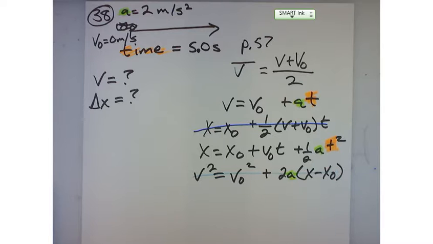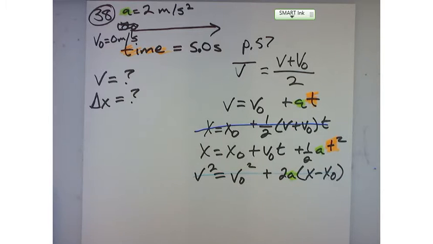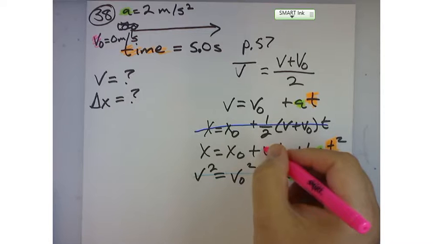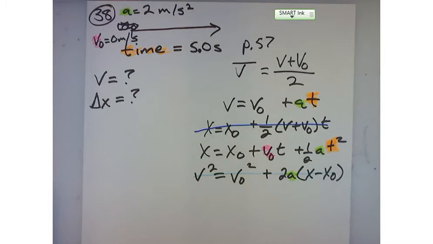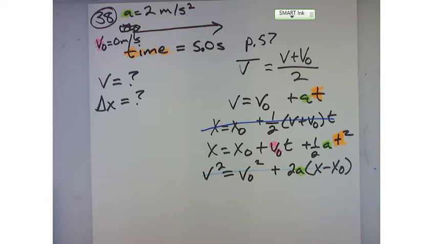Now here's the thing though. I need to pick out an equation that will give me the final velocity. This equation does not have the final velocity. I have the initial velocity, right? I know what the initial velocity is, and this equation has the initial velocity in it, but nowhere in this equation does it say anything about a final velocity.